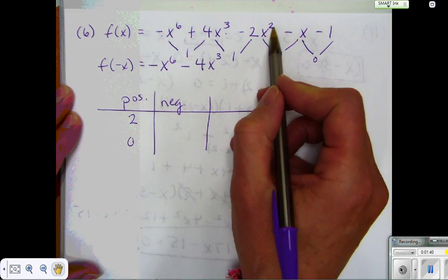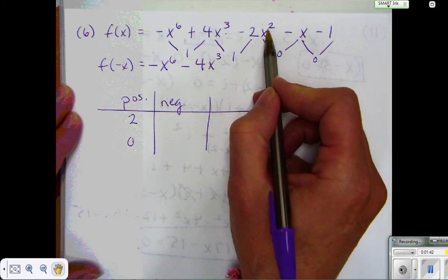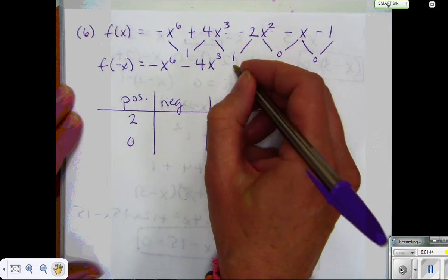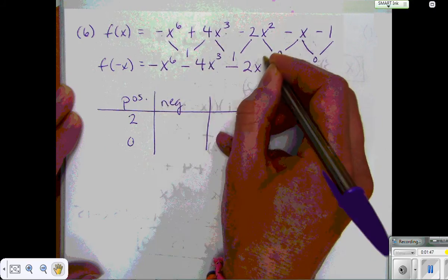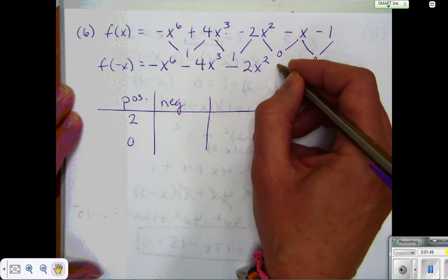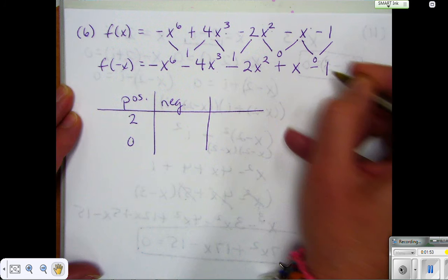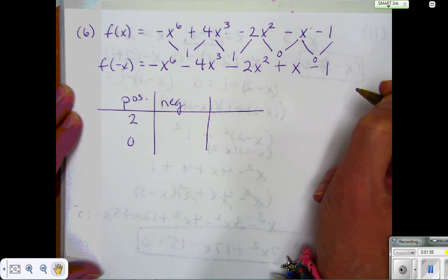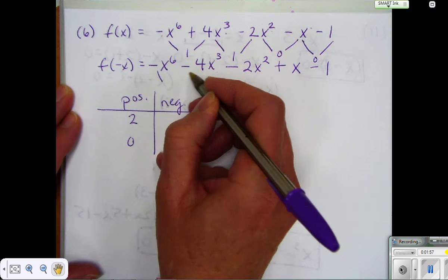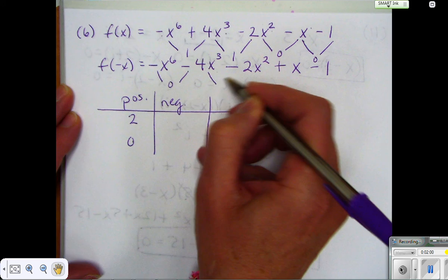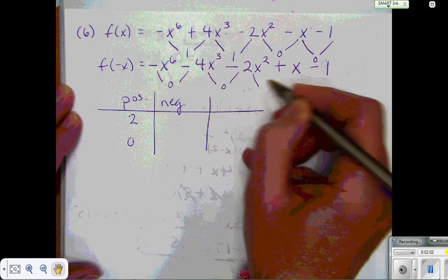So if it's an even exponent, the sign in front of the coefficient stays the same because that's going to be a positive x after you square it. If it is an odd exponent, then the sign is going to change. Constant numbers always keep the same sign.